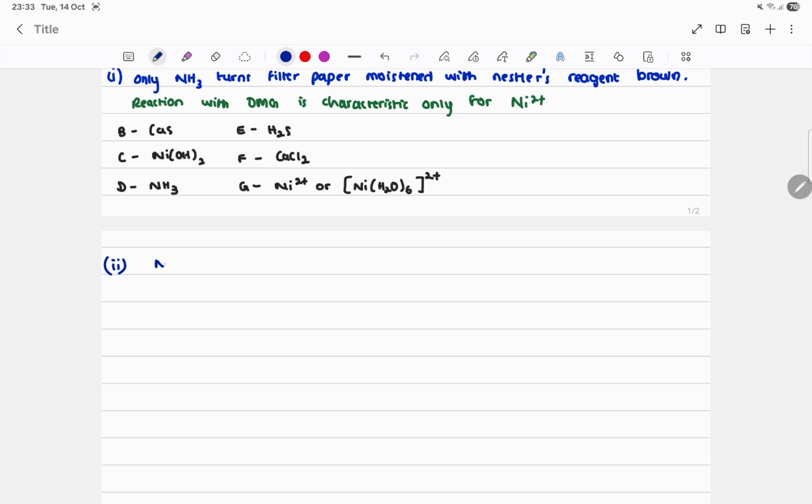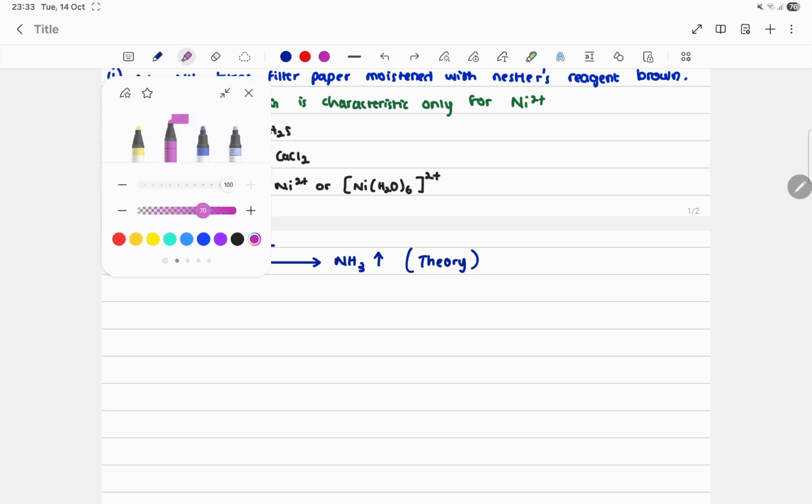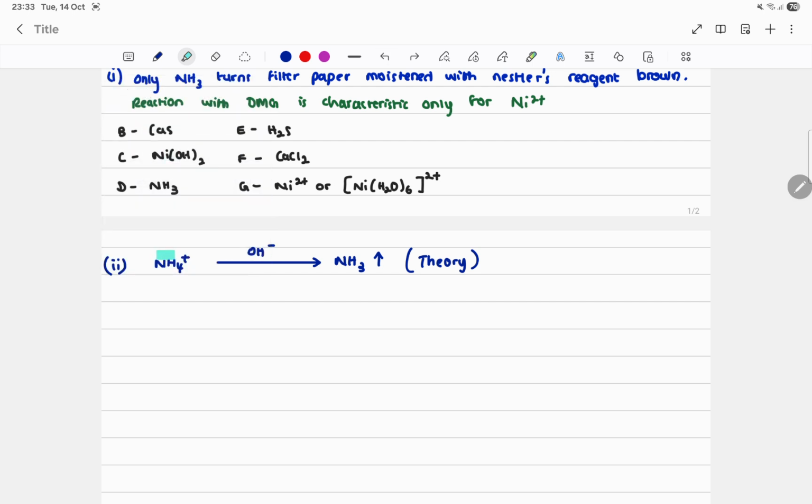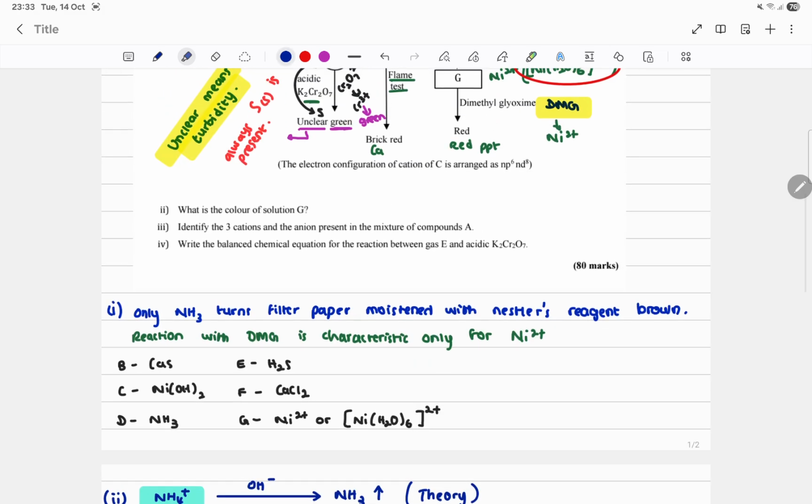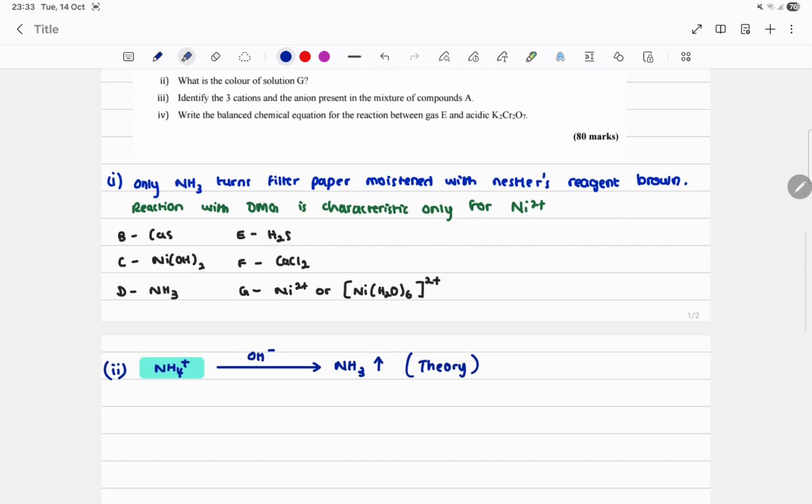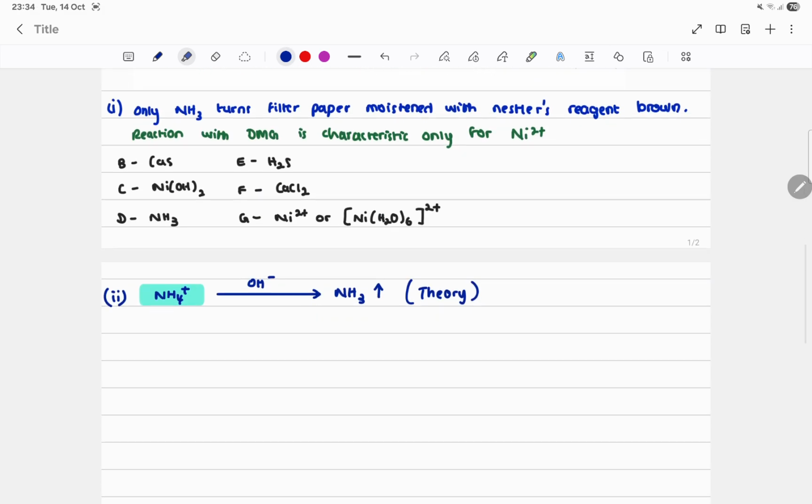For NH4 plus, if a base is added, ammonia gas is released. Okay, this is the theory. Therefore, NH4 plus is present. Then calcium sulfide is there.